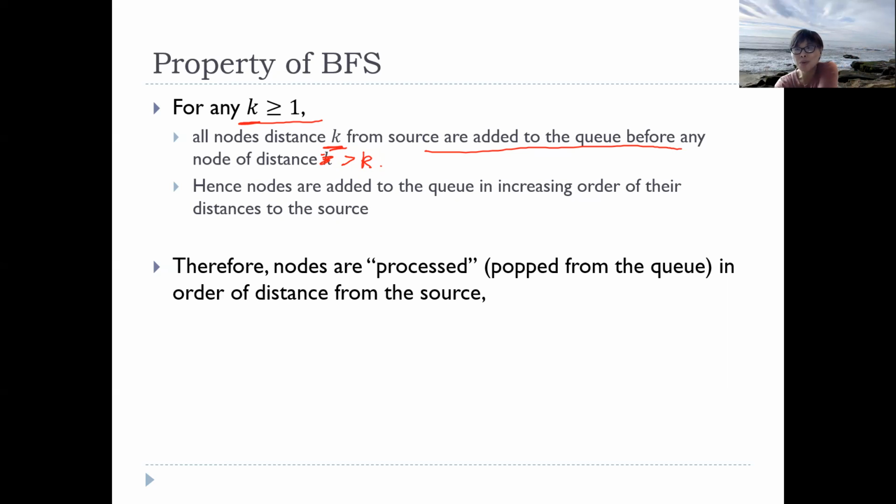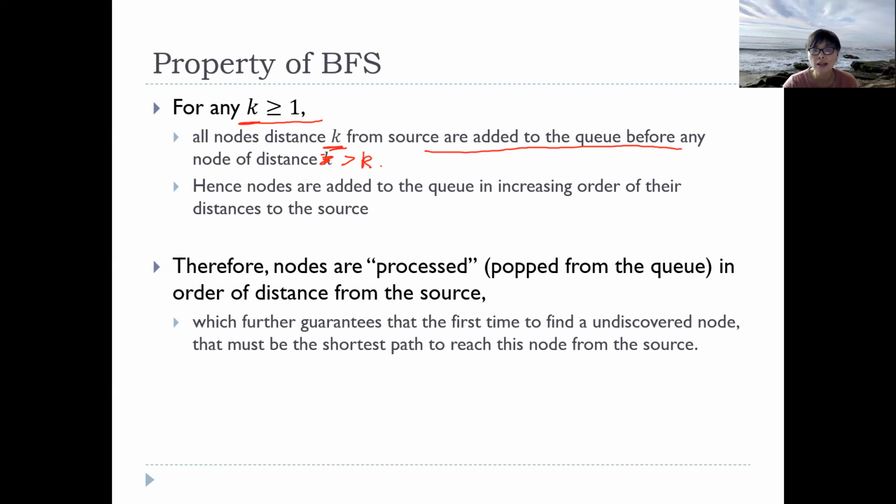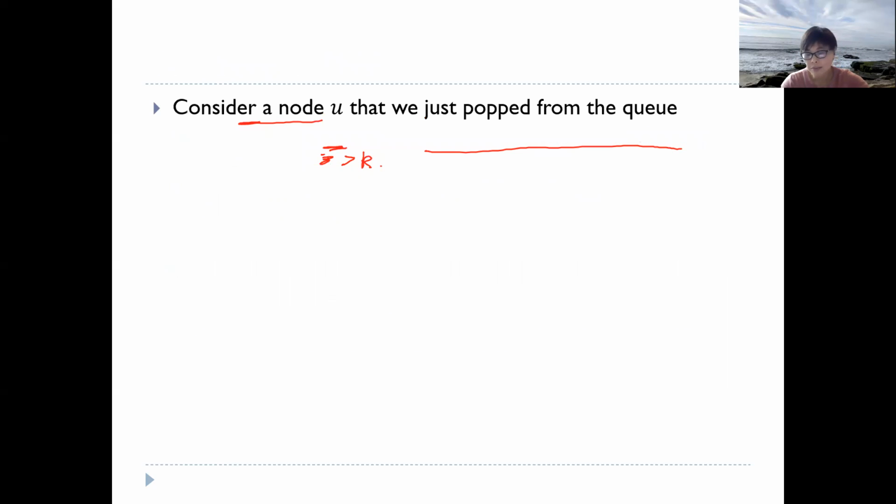That will help us discover those at distance k plus 1 from the source and add them to the queue. Or maybe let's just look at a case analysis.